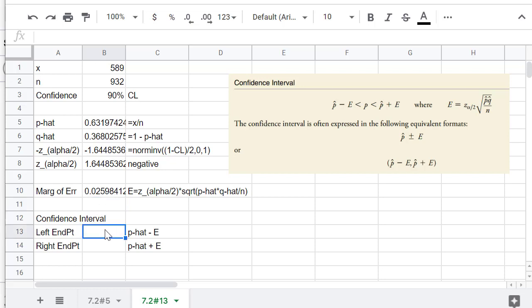Now to build our confidence interval, we will take our P hat and subtract the margin of error, and then we'll take the P hat and add the margin of error. For the left side, we'll say equals, click on the P hat cell, minus the margin of error.